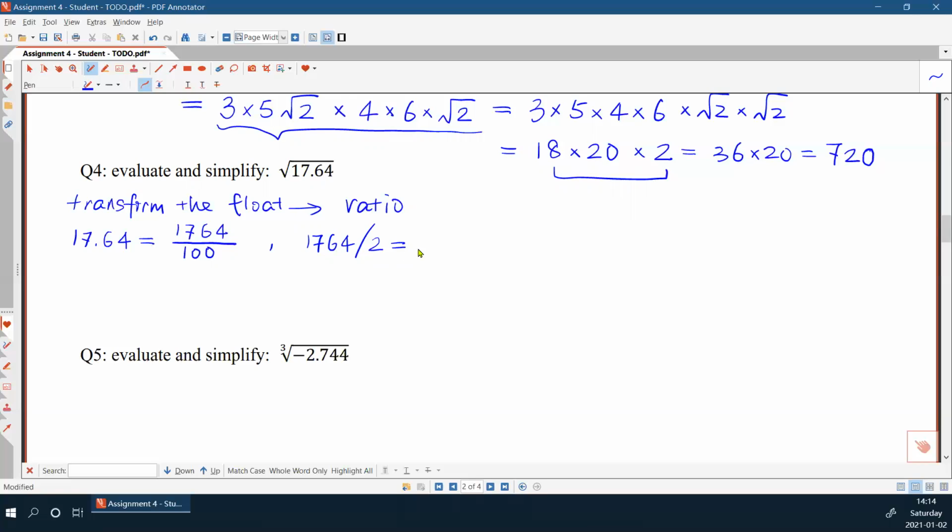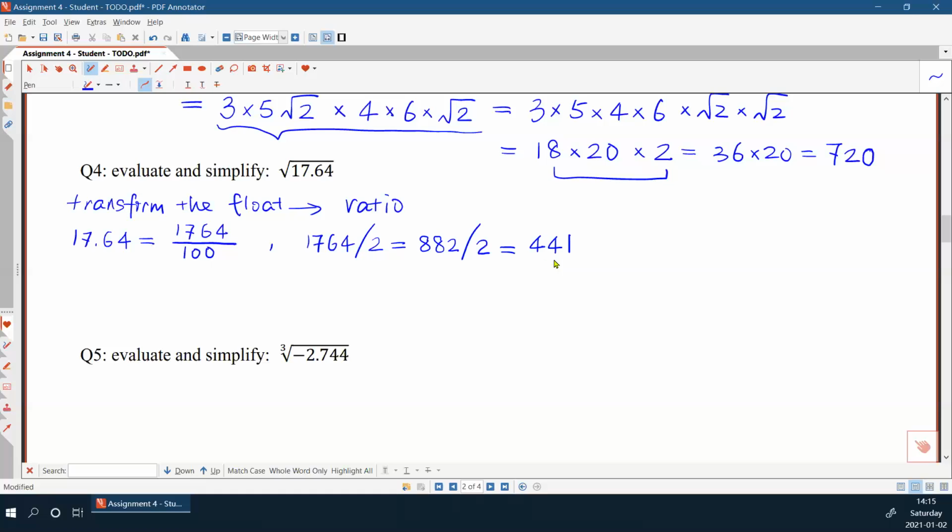If you divide this number by 2 first, this gives us 882, right? And 882 can be divided by 2 again, which gives us 441, right? 441 cannot be divided by 2 again.